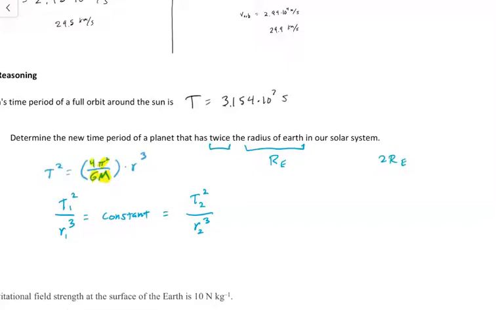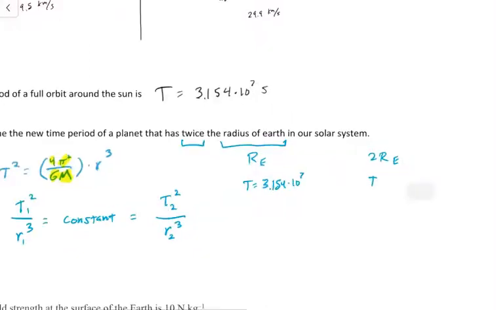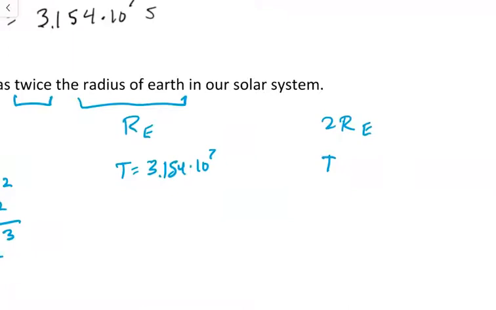So we're seeing these two as separate. We also see that there is a time period on Earth, which is 3.154 times 10 to the 7th. And that must be related to this other time period, which we don't know, and that's what we want to solve for.